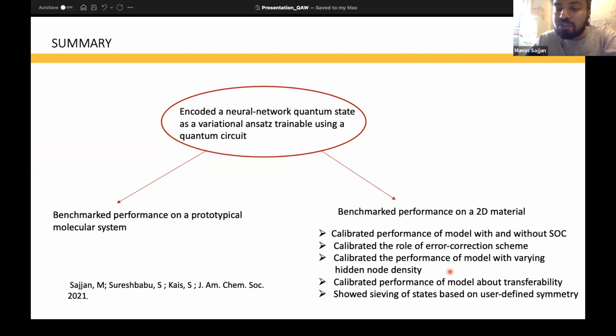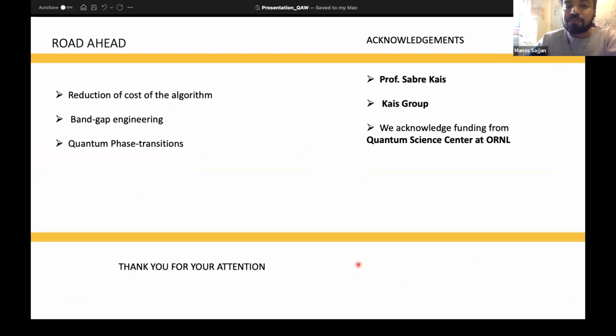In the same paper, we have also seen what kind of error mitigation scheme can improve performance, and we have calibrated the results by varying the hidden node density. I'm not discussing those results here because of time, but in case somebody is interested, we can talk.